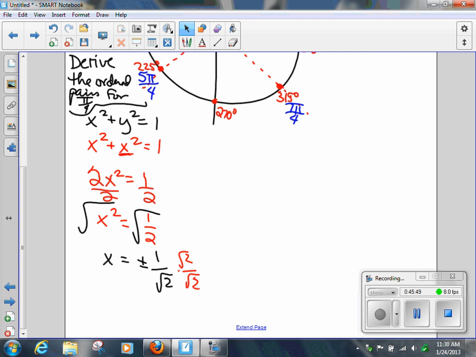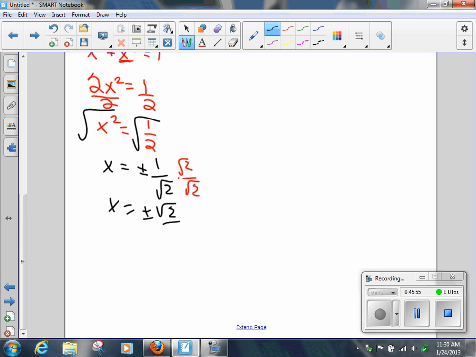And it's going to give you x is equal to plus or minus root 2 over who? Plain old 2. So my x values for all of my terminal points for the pi over 4 angles are going to be what? Root 2 over 2 every single time.